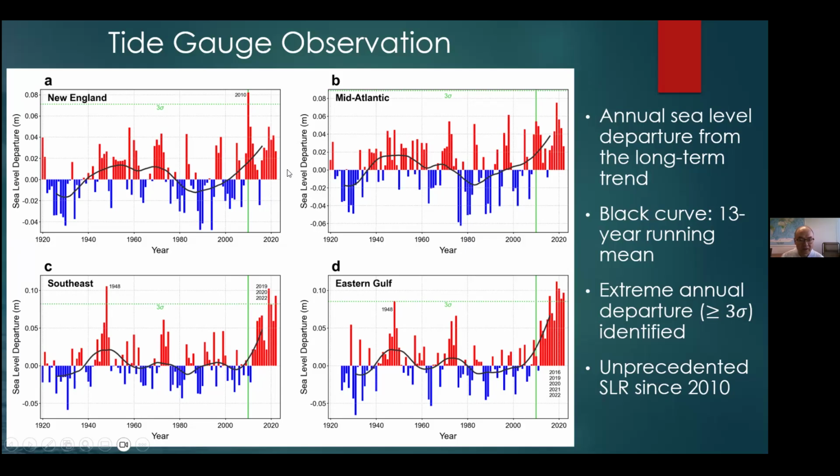So you see the deviation of the sea level during the past decade. Some years in the past decade, the sea level exceeded the 3 sigma level. The dashed green line is the 3 sigma line. So some years the annual mean sea level exceeded that line.